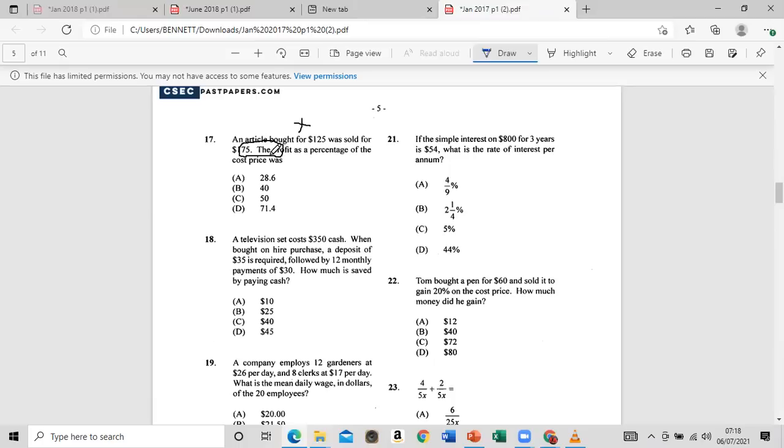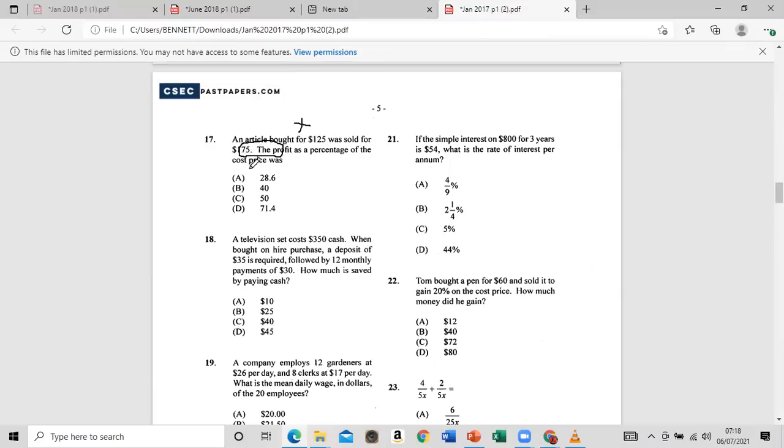An article bought for $125 was sold for $175. The profit as a percentage of the cost price. So listen to what they say, of the cost price, right? So what's the profit? You bought it for $125 and you sold it for $175, so it's the selling price minus the cost price. So you make a profit of $50.